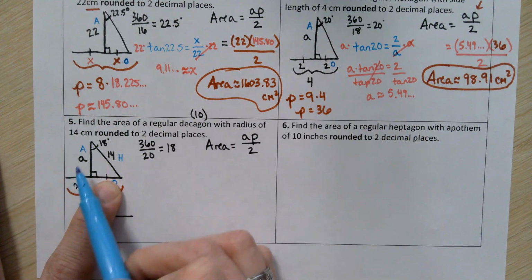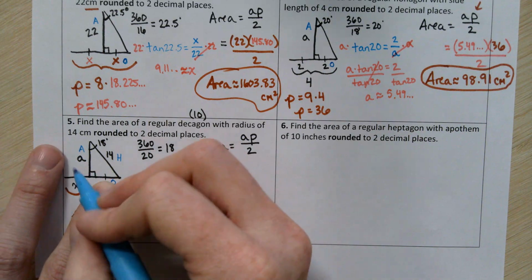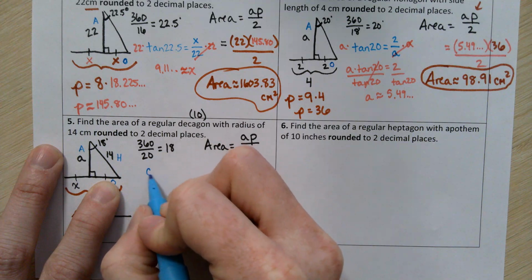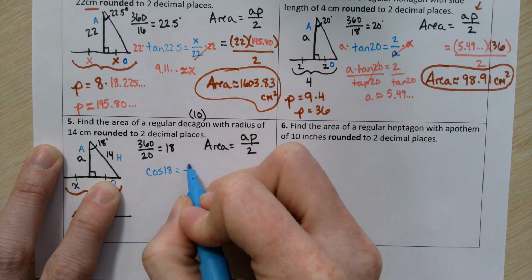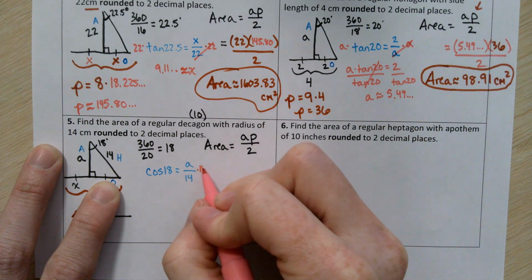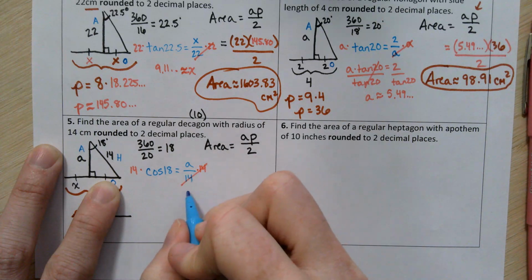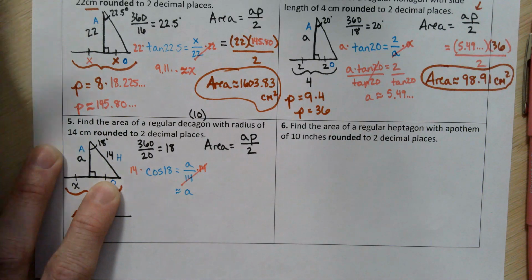I'm going to go for the apothem first because I don't need to do any more math with that. So if I'm looking for the apothem, I've got adjacent and hypotenuse available. That means cosine is going to be the correct setup. To solve that, we're going to multiply both sides by 14, which means my apothem value is going to be 14 cosine of 18.